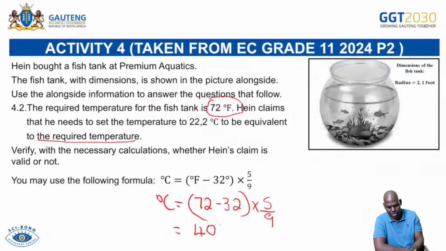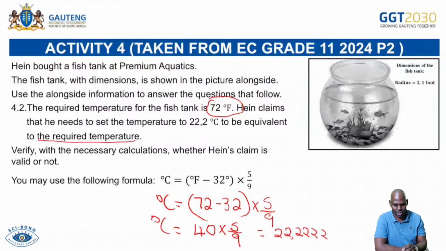Then 40 multiplied by 5 divided by 9, and indeed I get 22.2222. Okay, so that is the temperature in degrees Celsius. Now, if it's 22.2222 on your calculator, is it the same as 22.2? Yes, these are the same because this one has been rounded off.